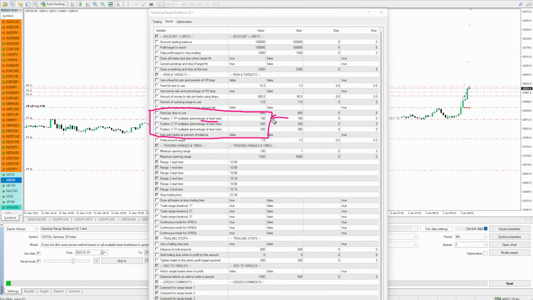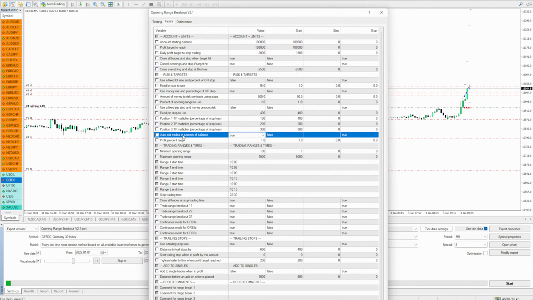So that is 100% of my stop loss, 200% and 300% of my stop loss. So if my stop loss is 40 points and I set a 200% TP multiplier, it will set a TP at 80 points. Okay, it's all fairly self-explanatory, just standard risk reward. Auto exit trades at percent balance.